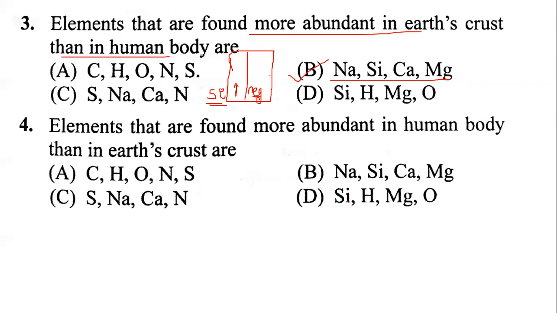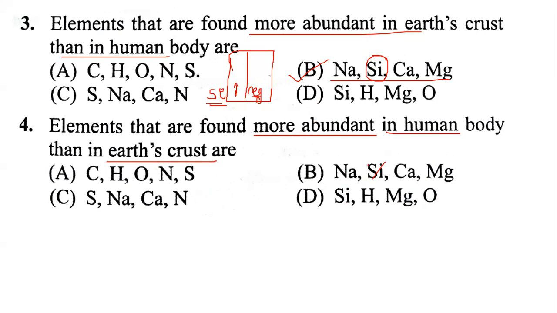Done, everybody? So since silicon is present in abundant quantities in the Earth's crust and in a negligible quantity in the human body, you will go with option number D. Moving on to the next question. Elements that are found more abundant in the human body than in the Earth's crust.